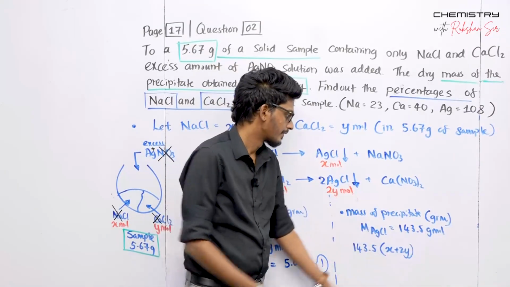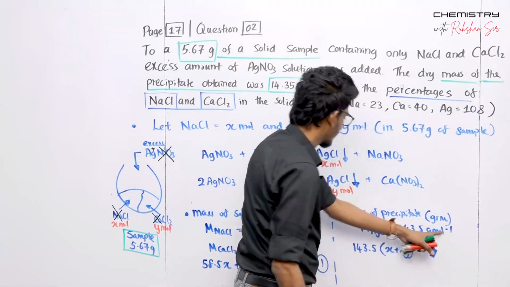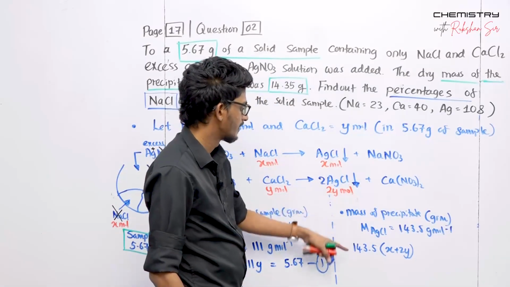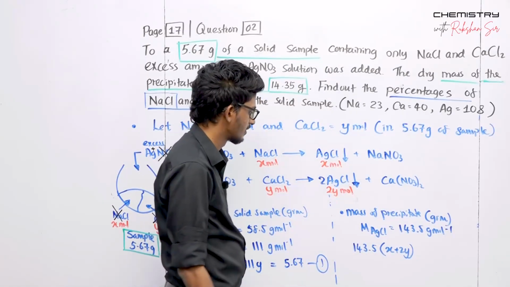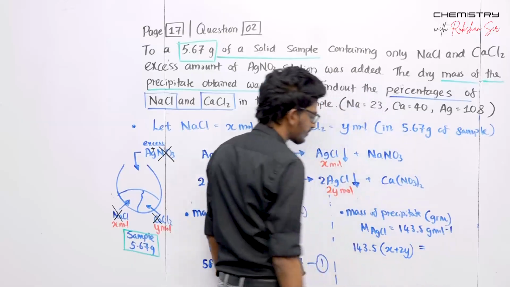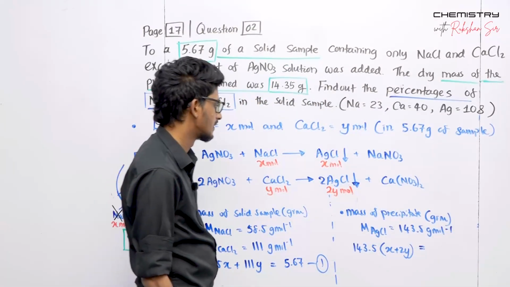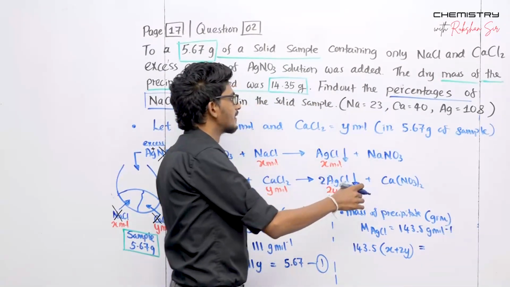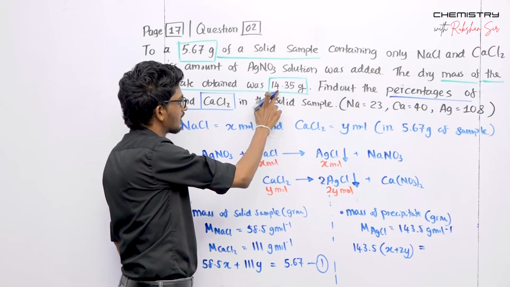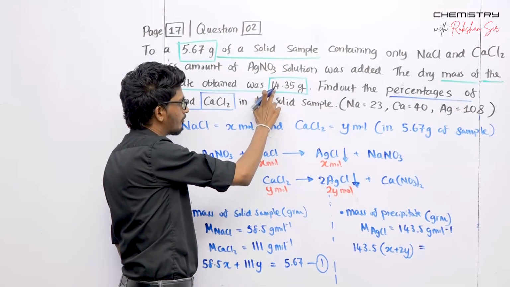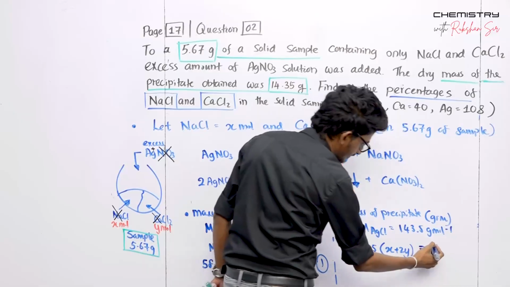So the mol^-1 will cancel off with the moles and you will get the number in grams, right? That is equal to what? The data point. It is given as 14.35.